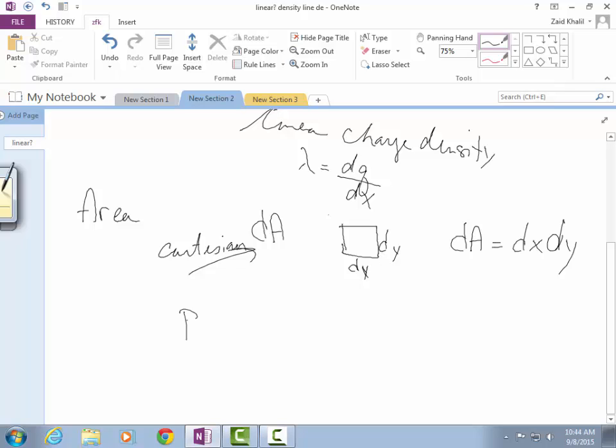In polar coordinates, although what I'm saying is not technically correct, I should do a slight adjustment for one dimension, but there's no need really. So I'll take dA and morph it a little bit.